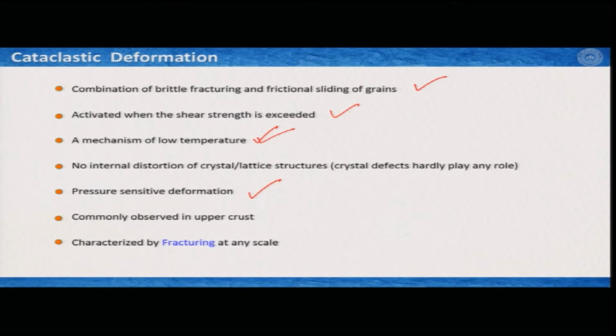If you recall, we have learned that the strength of rocks varies greatly when we vary the pressure and pore fluid pressure. So, this is pressure sensitive and at the same time it is low temperature deformation. We commonly observe it in the upper crust or at the shallow surface of the earth, and essentially it is characterized by fracturing at any scale, but today we will mostly look at the fracturing at grain scale.